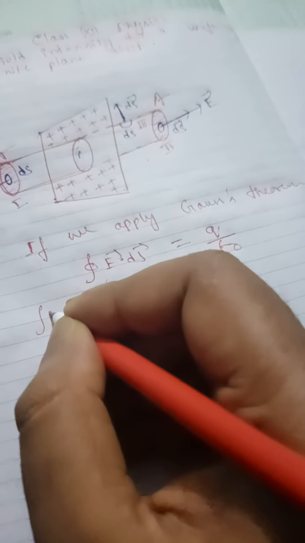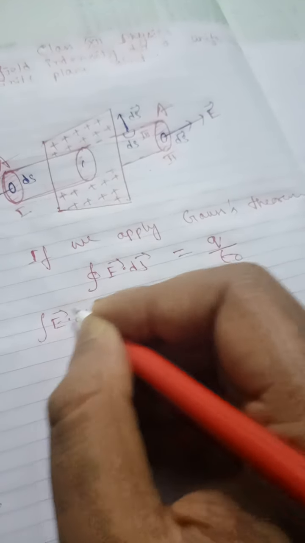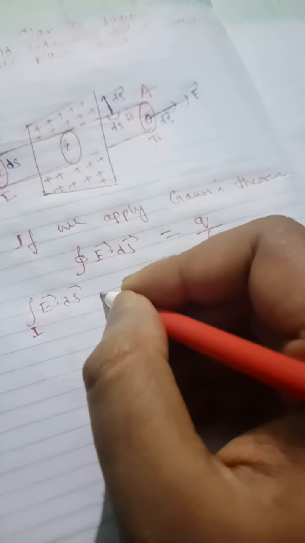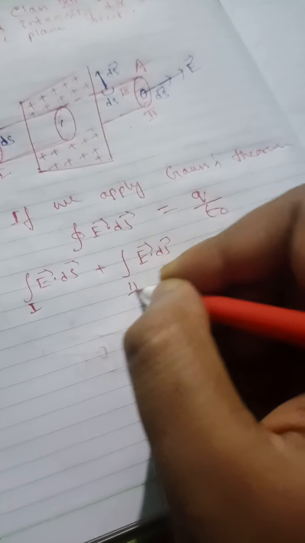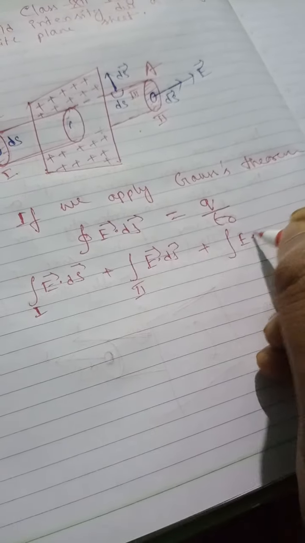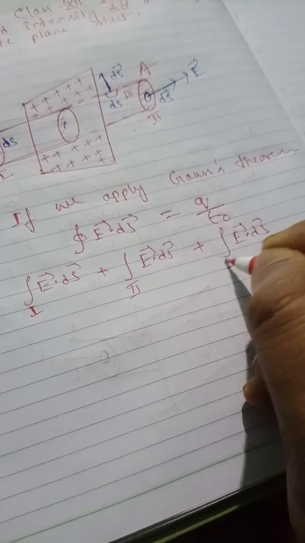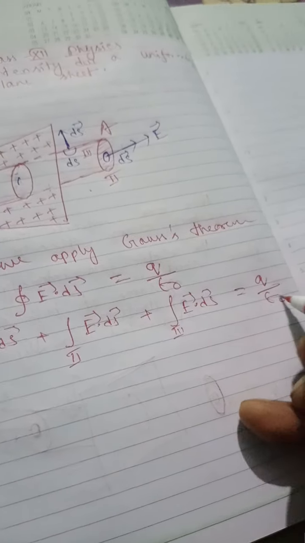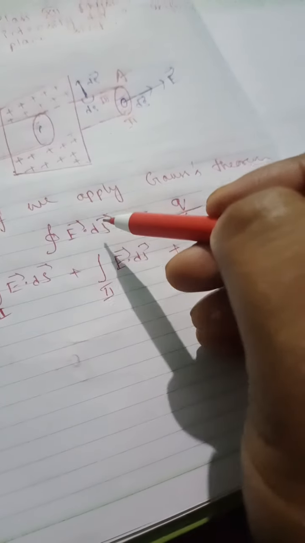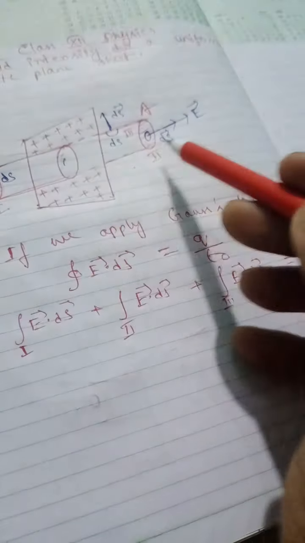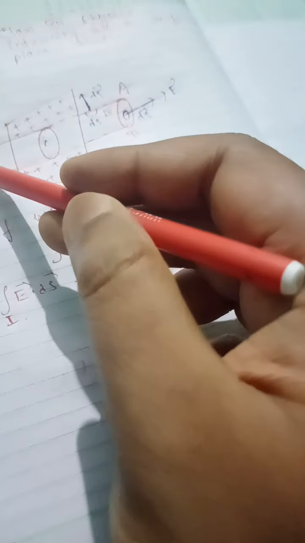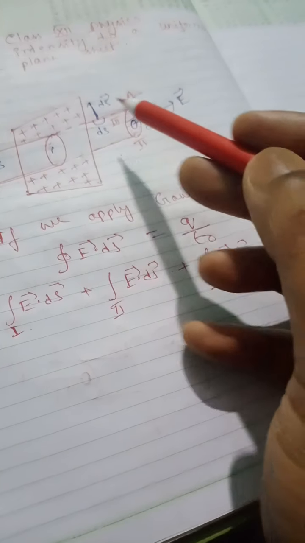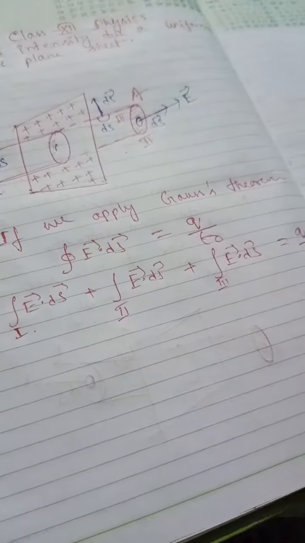So here the integral of E dot ds we can write as E dot ds for region 1 plus E dot ds for region 2 plus E dot ds for region 3, equal to q by epsilon naught. Because the cylindrical surface has three regions, this integration splits into three parts. One part is for region 1, another part for region 2, and another part is region 3, that is for this curved surface.